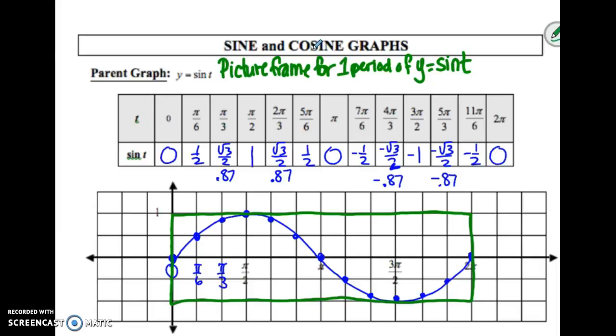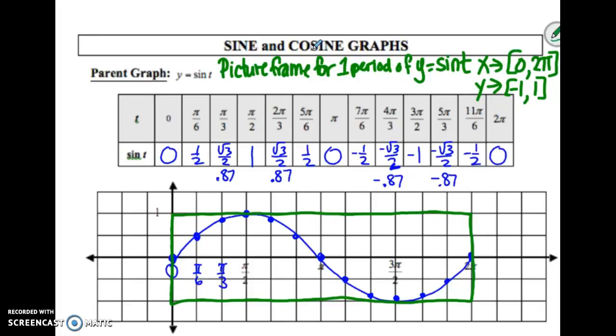And my x values for 1 period go from 0 to 2 pi. And my y values for 1 period go from negative 1 to positive 1. So those are my domain and my range for 1 period. Now when I talk about 1 period, note that this graph, if I keep going beyond 2 pi, the shape is just going to keep repeating.